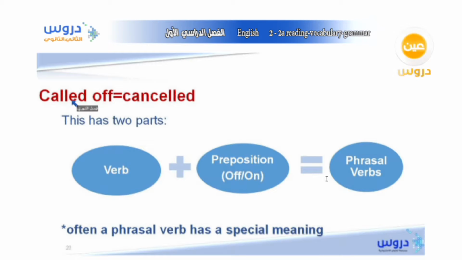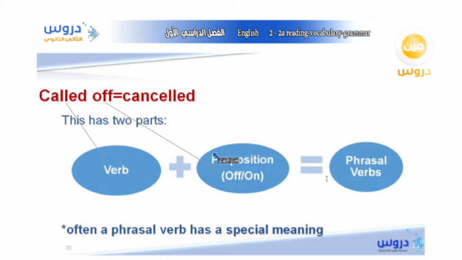Now, called off means cancelled. The wedding was cancelled. This has 2 parts. The first part is called, which is the verb, and the second one is the preposition. Okay? Now off will be here. So the result will be phrasal verbs.